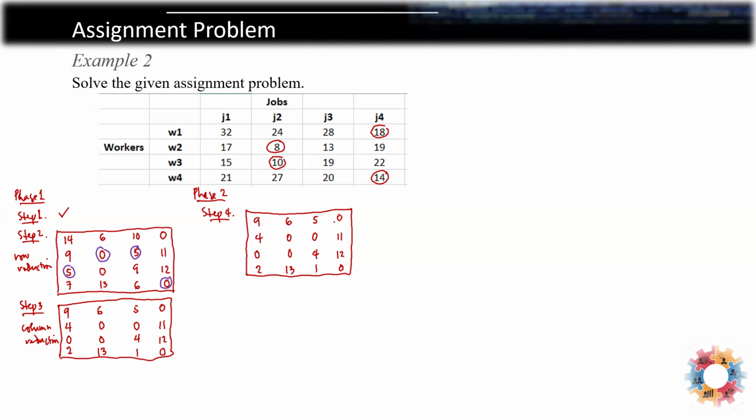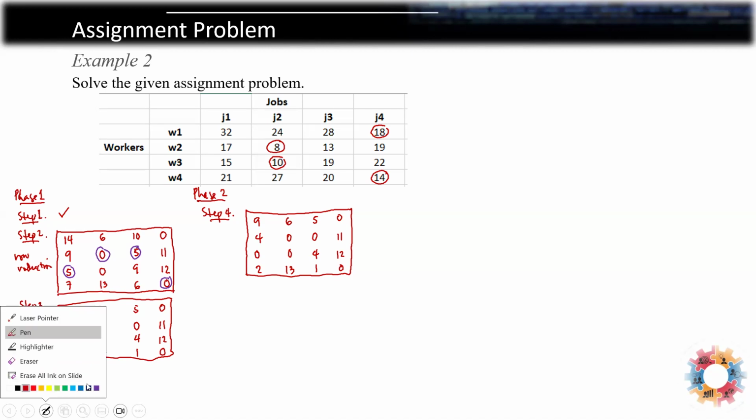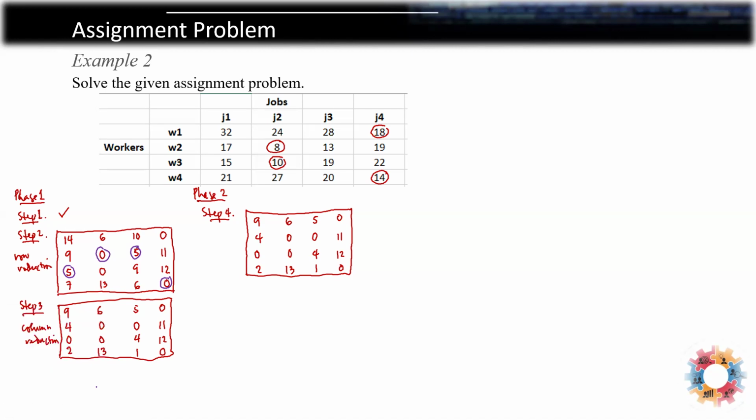We're starting from the first row. If there is, then you have to mark that zero with a square, and then delete the corresponding column. Remove the corresponding column, right?